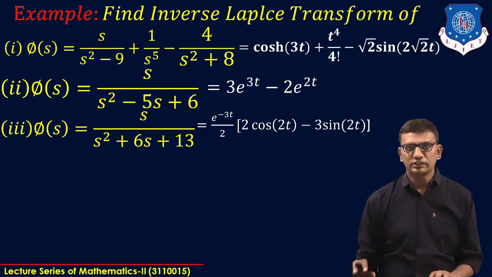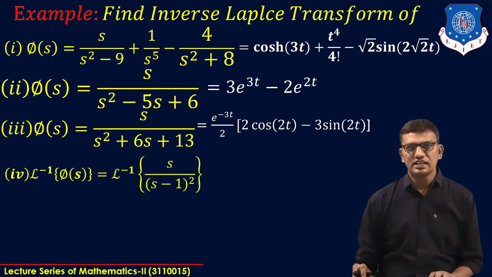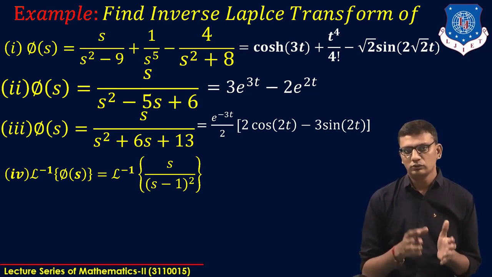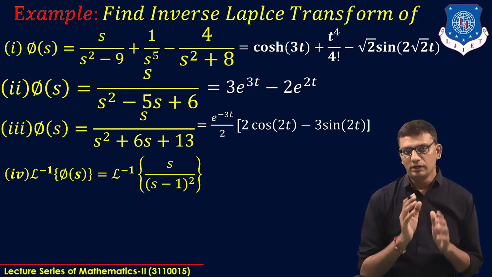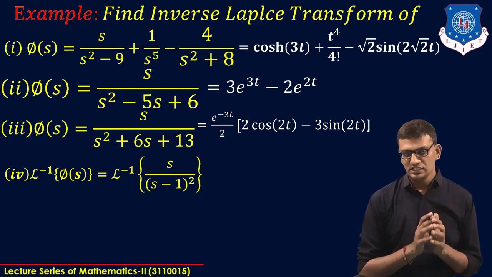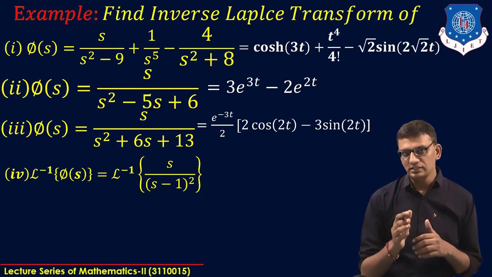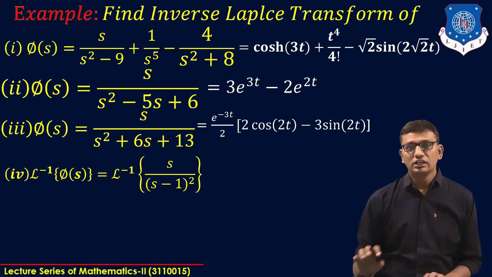Now we will see another example. Here L inverse of phi of s is L inverse of s upon (s minus 1) whole square. Here we have (s minus 1) whole square in the denominator, but the numerator contains only s. So first of all we have to arrange s minus 1 in the numerator.